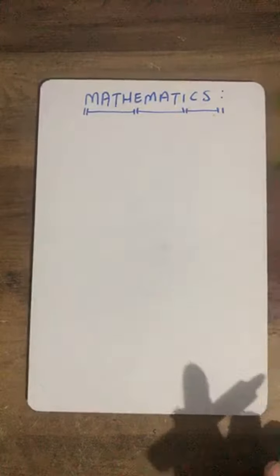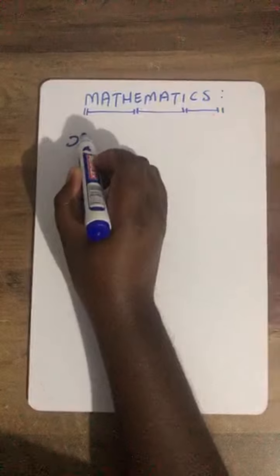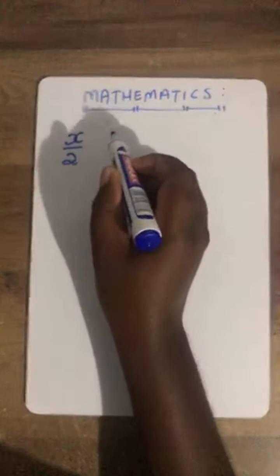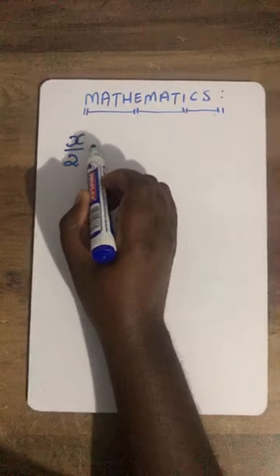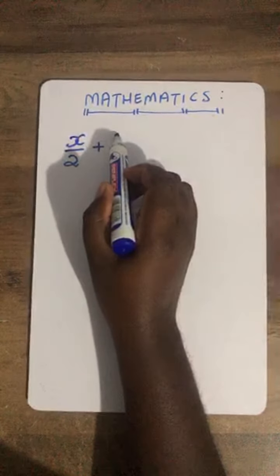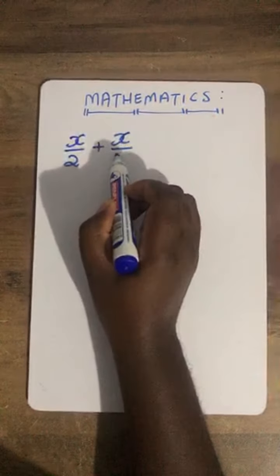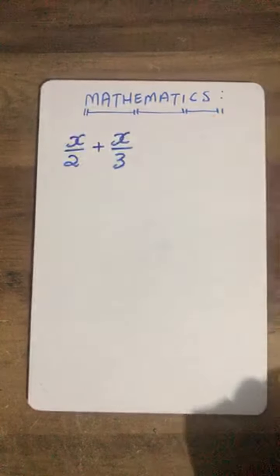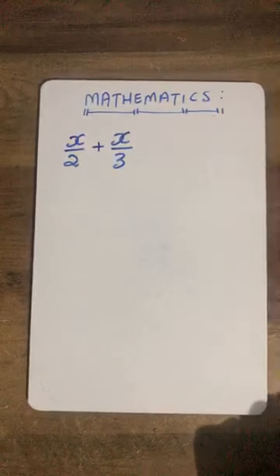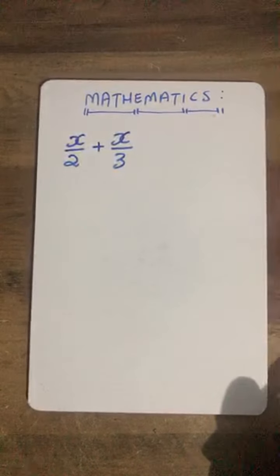Now I'm going to add a spice. Before we even do some complicated problems, let's say we have x over 2 plus, let me say x over 3. Yes. So can you guys see we've now included the letters.